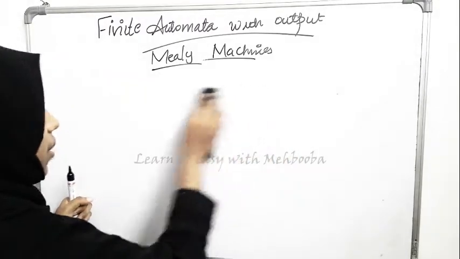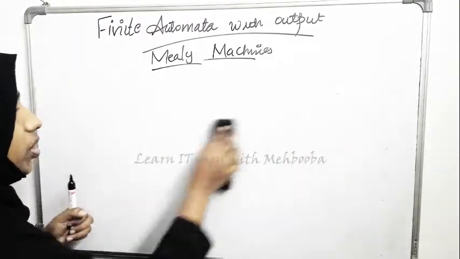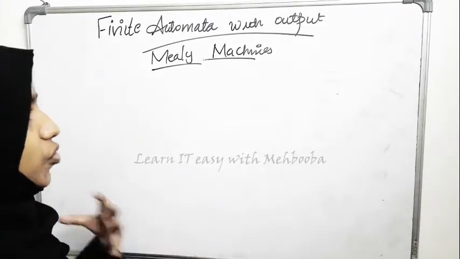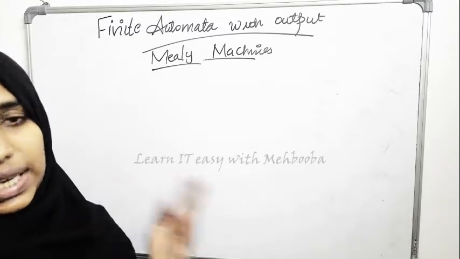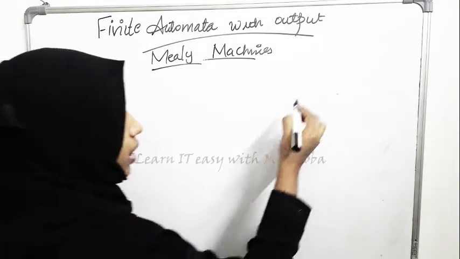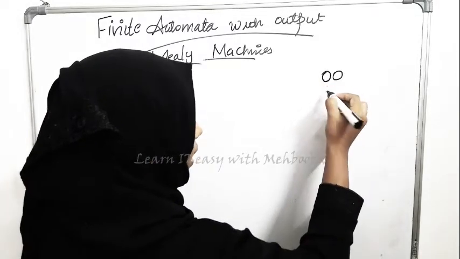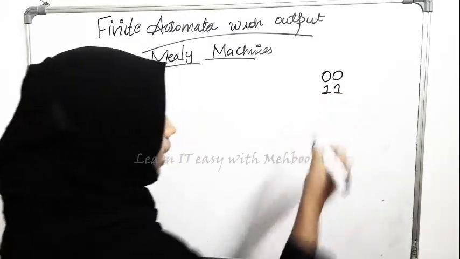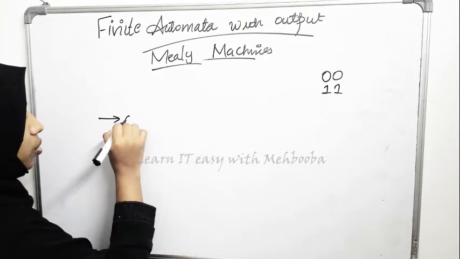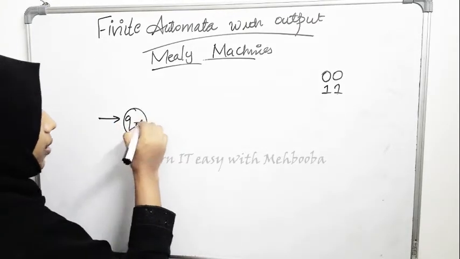For the first example, we will take a Mealy machine which outputs yes when the string is terminating with the same two consecutive symbols. That is, if it is a binary string, it should terminate either with 0 0 or with 1 1. So we will design the Mealy machine for that. So Q0, the first state.